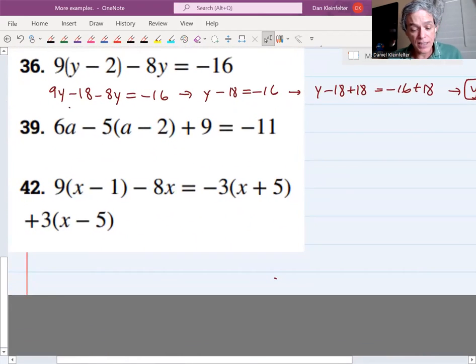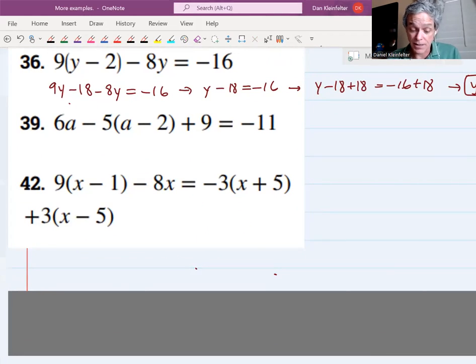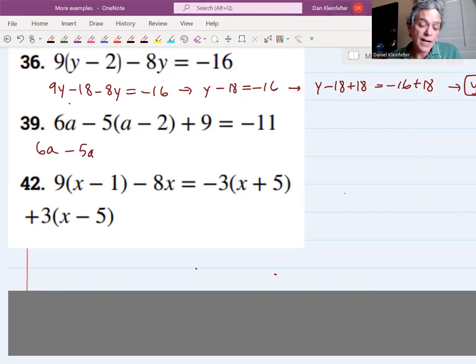Okay, 39 is similar. We're again distributing a negative. This time, we've got to be a little careful with that negative. So 6a minus 5a, and again, minus 5a. Now, negative 5 times negative 2 will be plus 10, and then plus 9, and then negative 11 on the right.